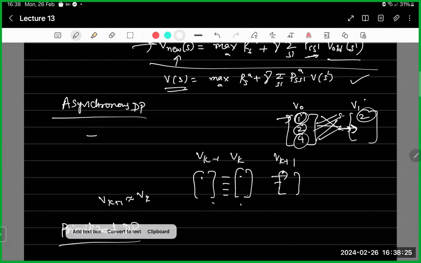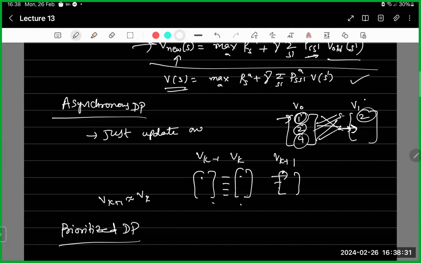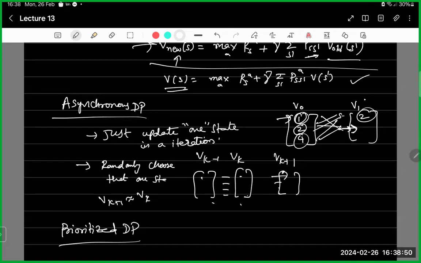Like asynchronous DP, just update one step, one state. So how you choose that one state will lead you to different variants. One way is to randomly choose that one state. That is one variant.